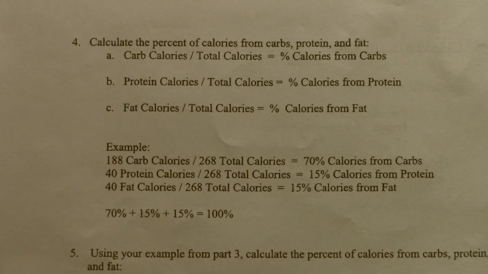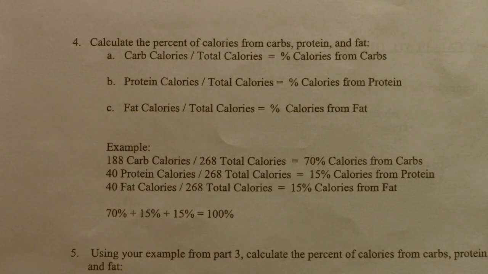So to use our example from our Annie's mac and cheese, if we take our 188 carb calories divided by our total calories, in this case the denominator is always the total calorie number. So 188 carb calories divided by 268 total calories means 70% of our calories are coming from carbs.